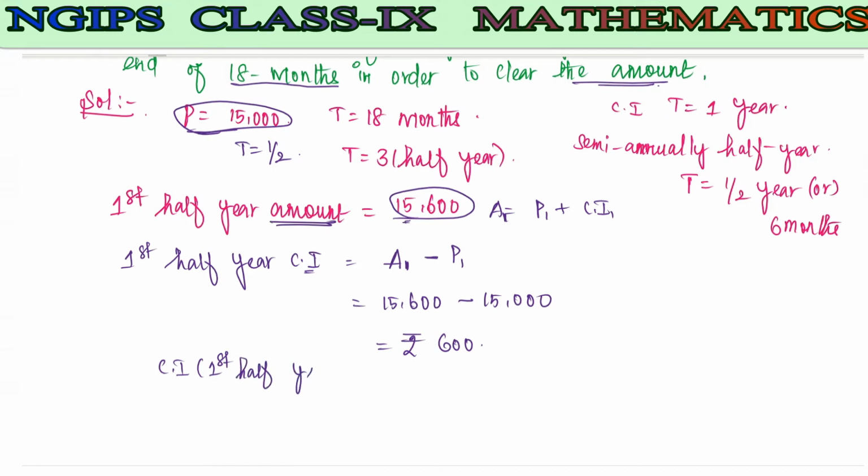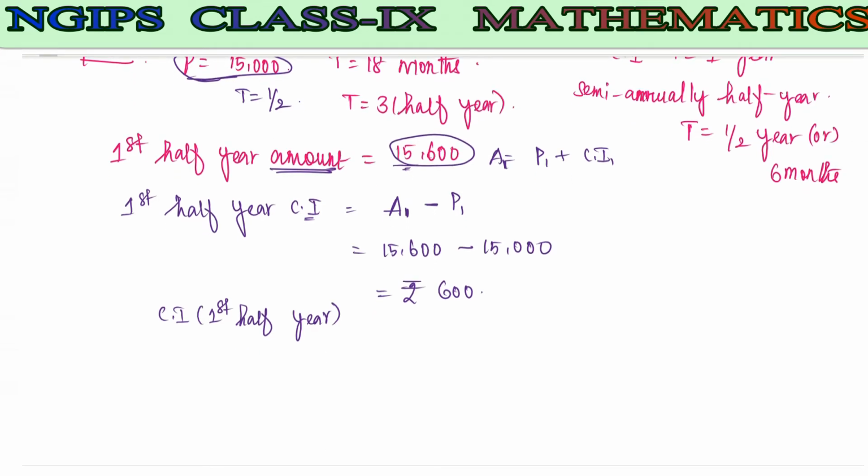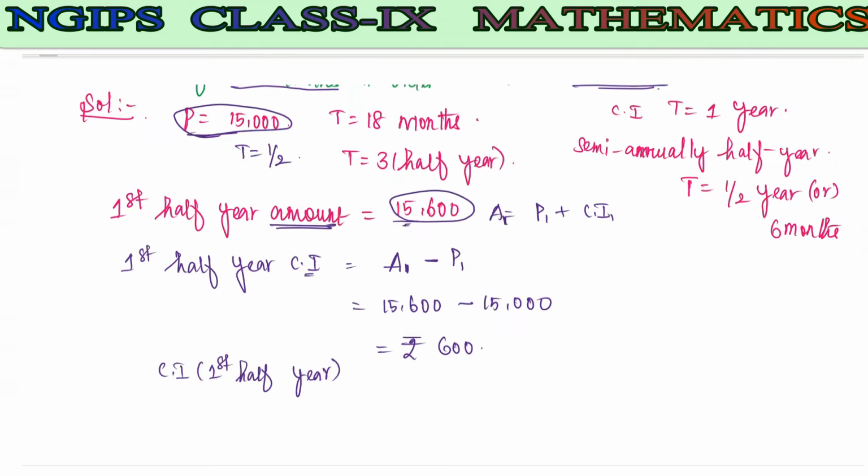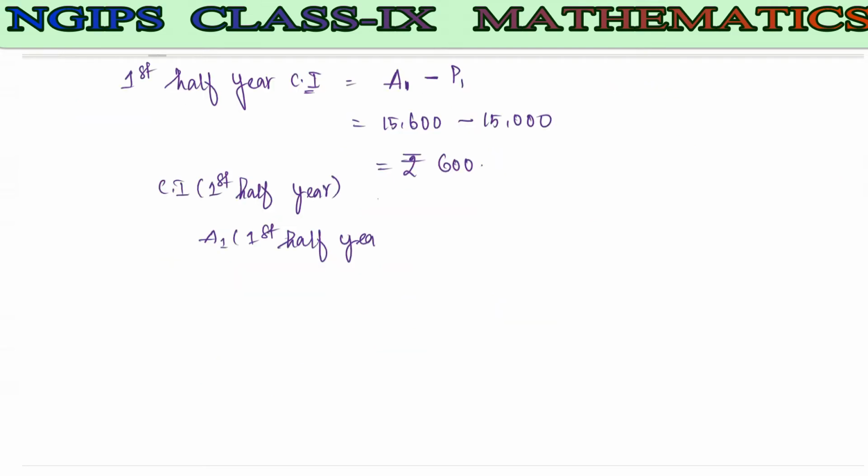Next, the second sub question, we need to find the amount after 18 months, that is 3 half years. Here we have the first half year compound interest and the first half year amount. The first half year amount is going to be carried forward as the second half year principal.